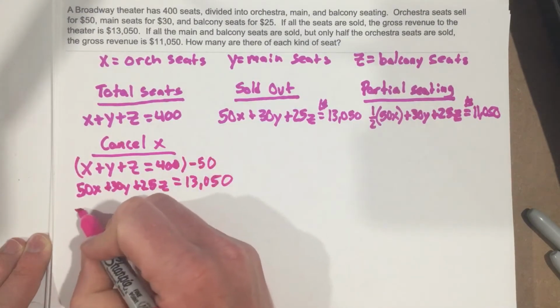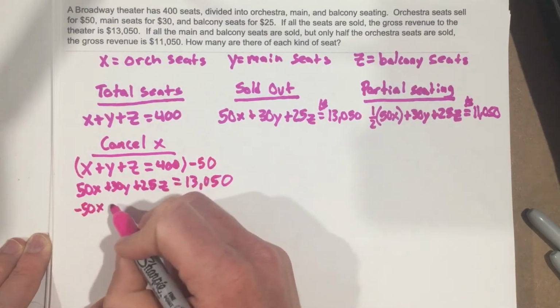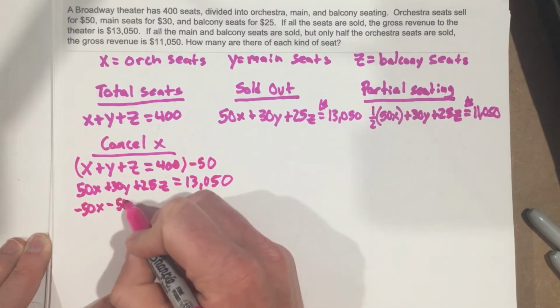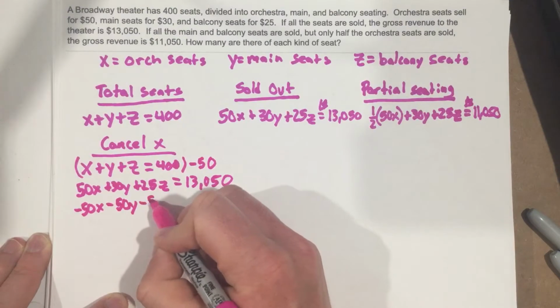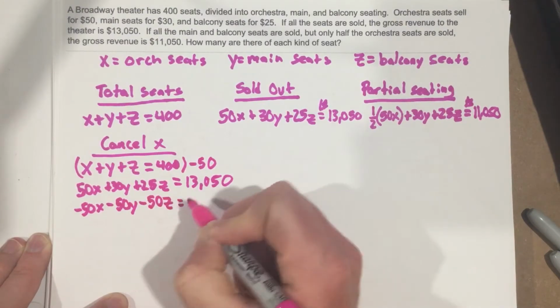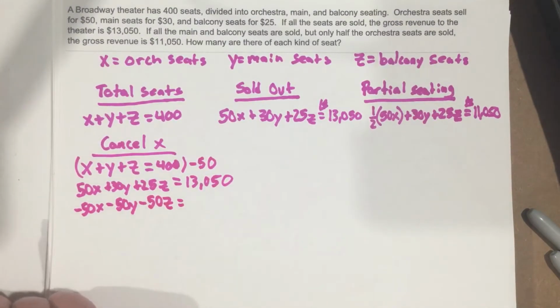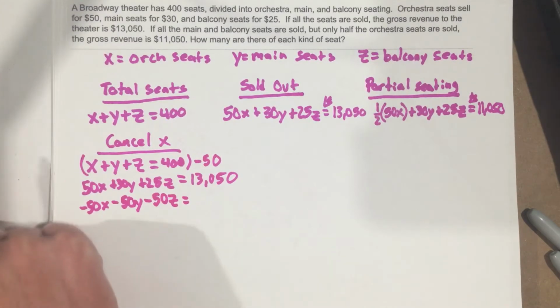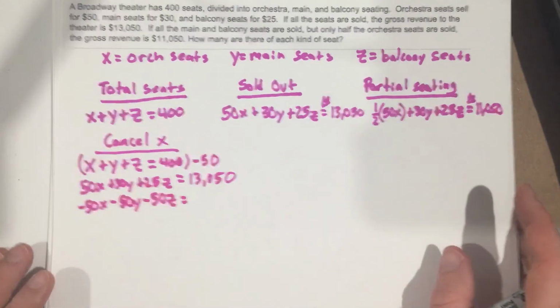So that's going to give you negative 50X minus 50Y minus 50Z equals negative 50 times 400, which is negative 20,000.